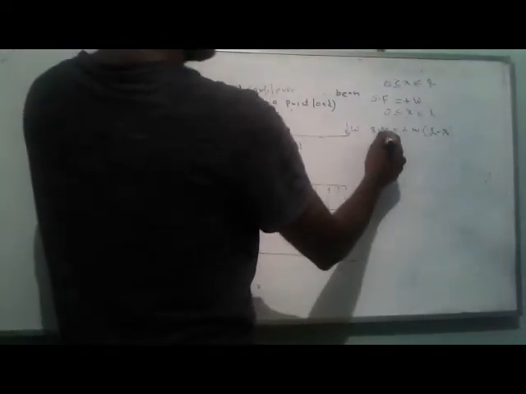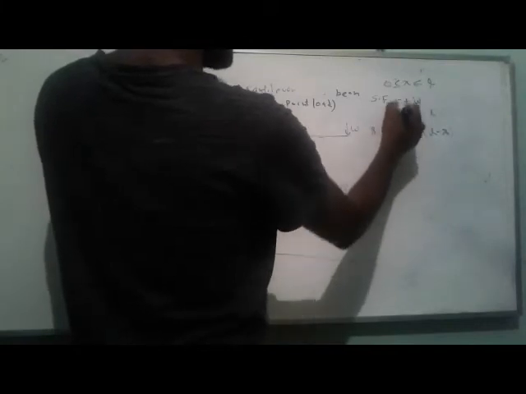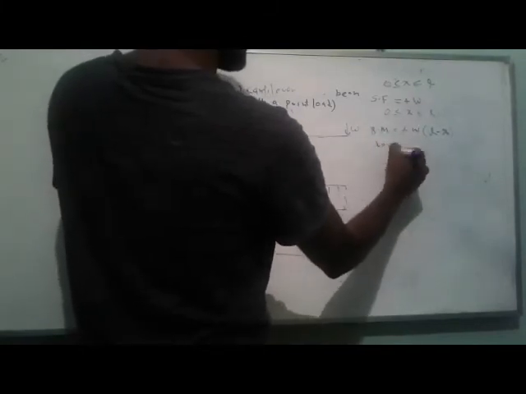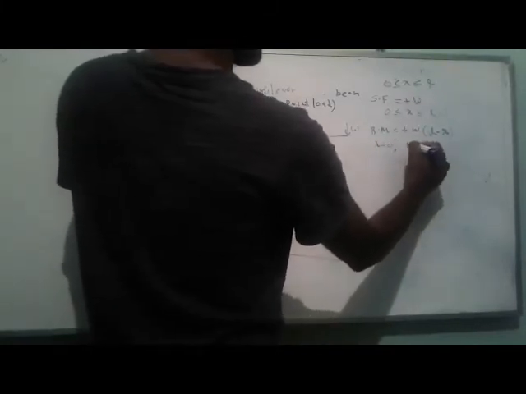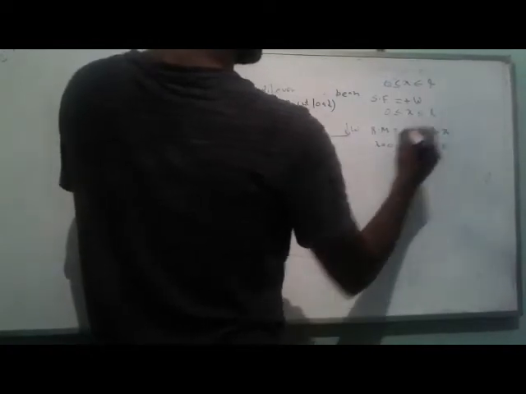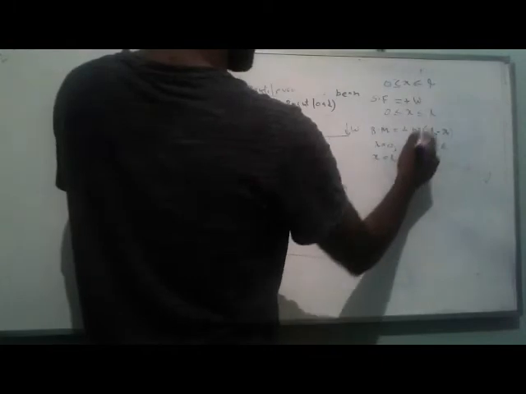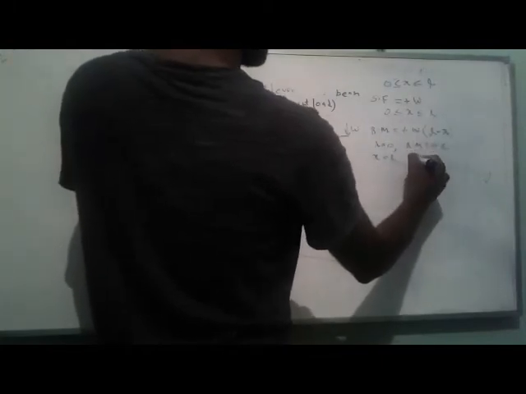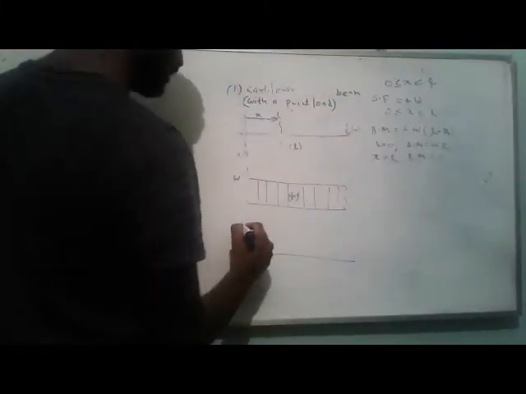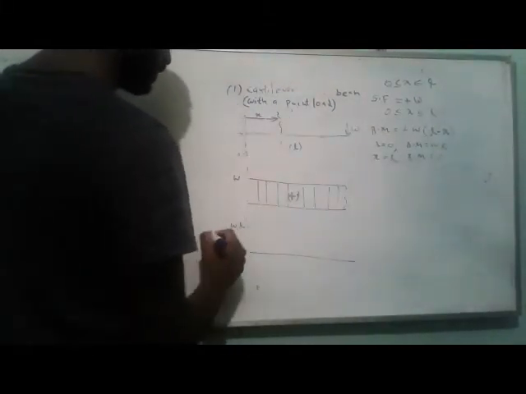Here as well, we consider the X minimum value, X is 0. When X is equal to 0, bending moment is equal to WL. When X is equal to L, the maximum length, we can substitute those values. Bending moment is equal to 0. This is also a linear variation from here to here. Here it is WL bending moment.